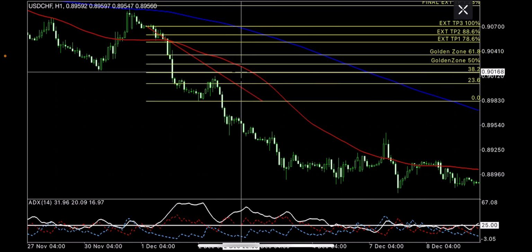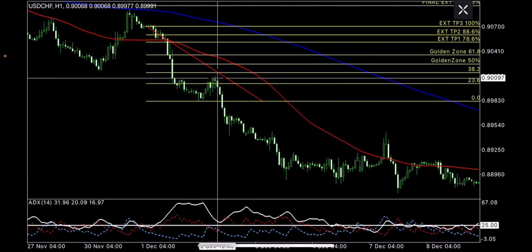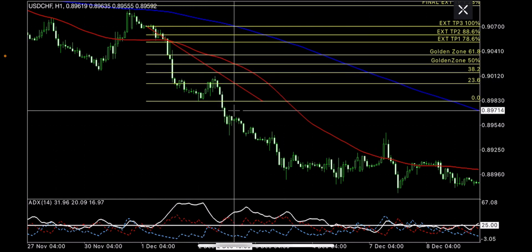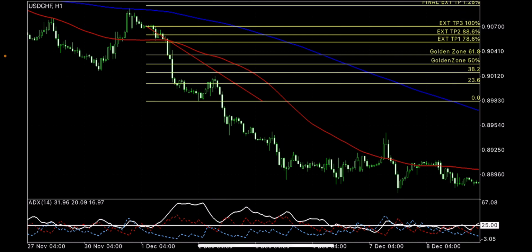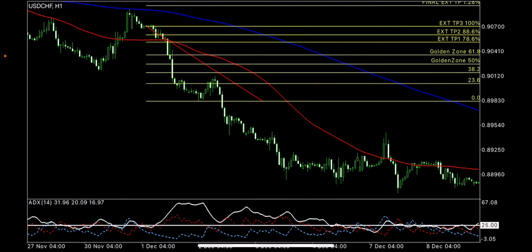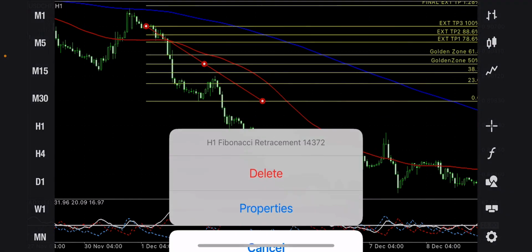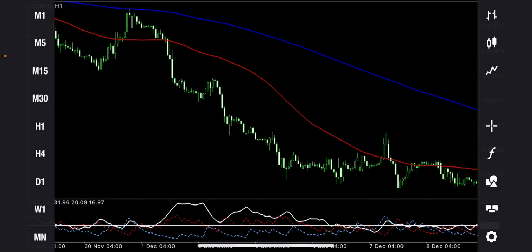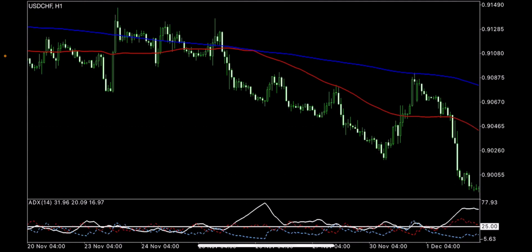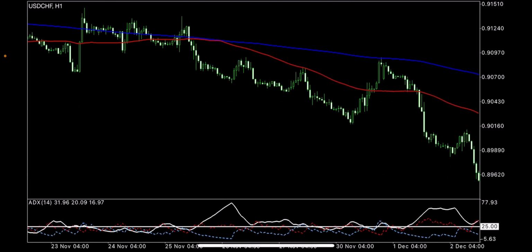These bears are strong right here. So that is not a Fibonacci setup, because it's quite obvious what you would do there. Let's look for another Fibonacci setup, a nice retracement so you can see.